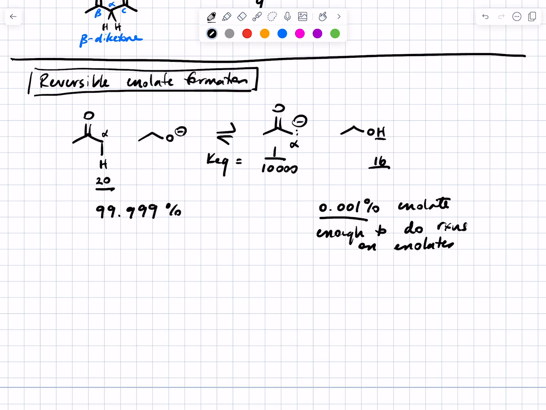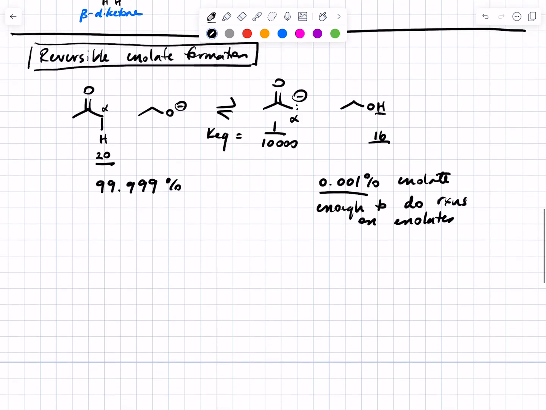But before we do that, we need to make the situation a little bit more complicated, because sometimes the alpha protons are not going to be identical. And so sometimes when dealing with a starting material, we will need to worry about which alpha proton gets removed. Before we get there, let me tell you what I mean by irreversible enolate formation.